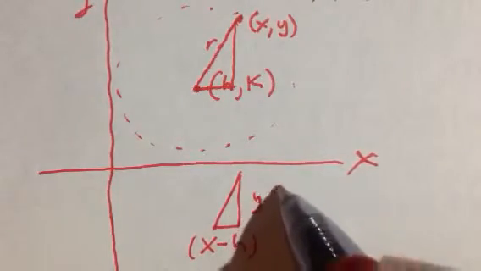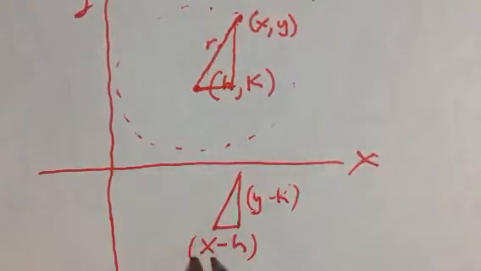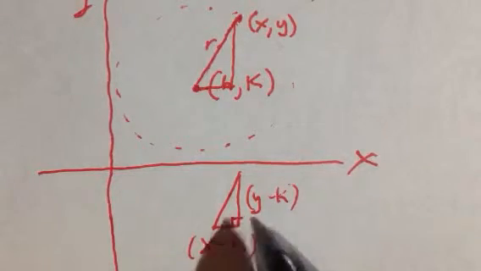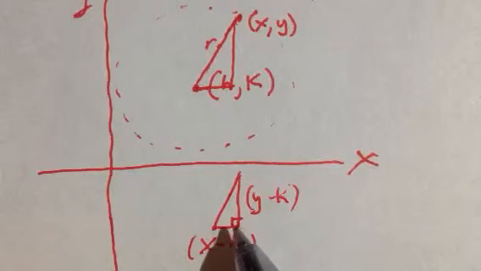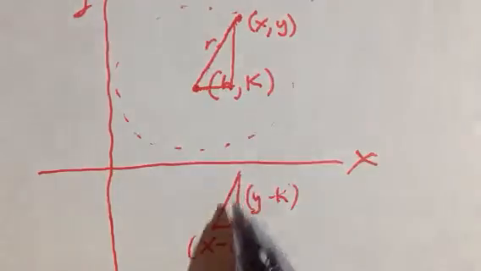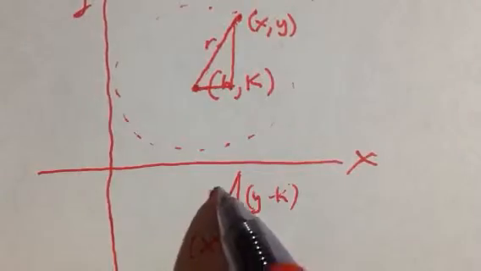So we have a right triangle, because the x and y coordinates are at right angles to each other, where the length in the x direction is x minus h, the length in the y direction is y minus k, and we know the hypotenuse is r.